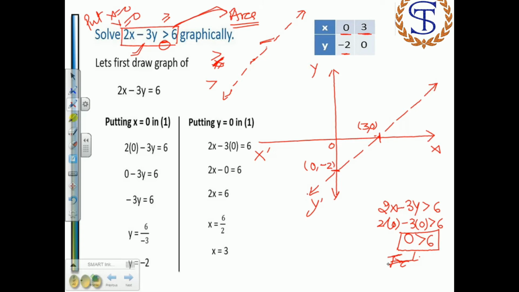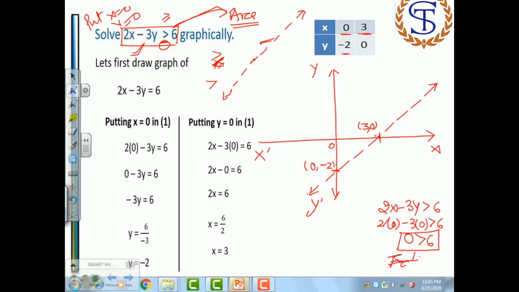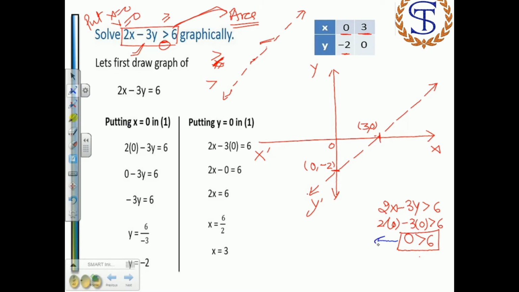Because this is a false statement, that's why we have to shade the portion in which the origin does not lie. Why are we shading the portion in which the origin does not lie? Because this statement is false. Here we know that 0 is not greater than 6. That's why we have to shade the portion in which the origin does not lie.